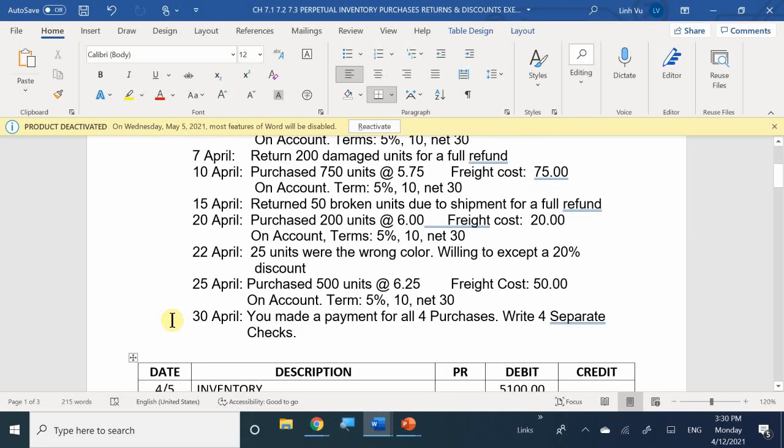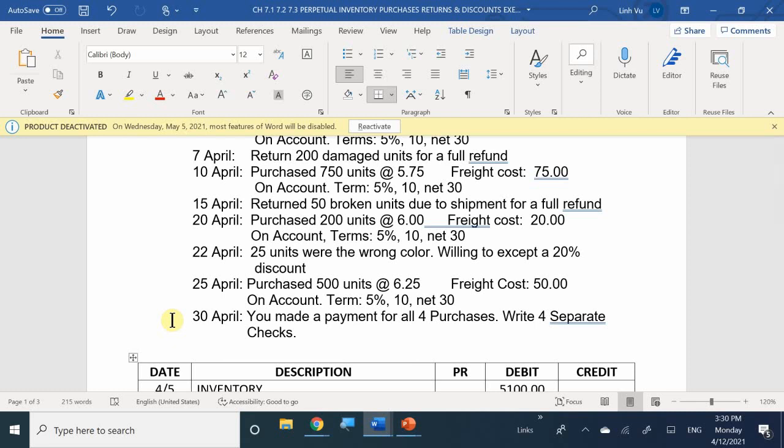So then what has happened next on the 22nd of April? The units were the wrong color, willing to accept a 20% discount.